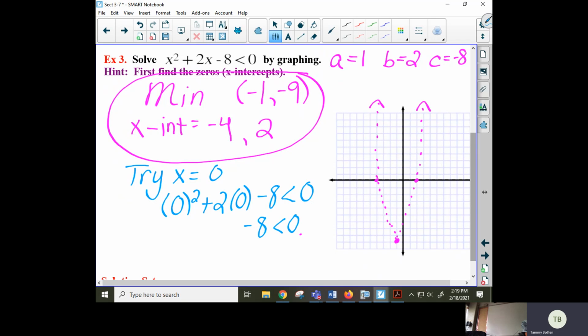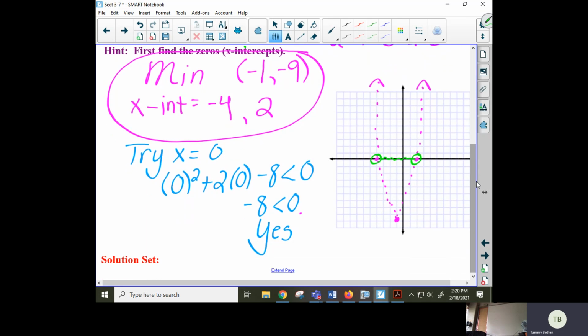Is -8 less than 0? Yes. So then what you can assume then is that it's graphed in between here. And another thing, this is almost like using a number line. If this is less than or greater than, you actually have open circles on the ends, because these points are not included, that's why this is dashed.